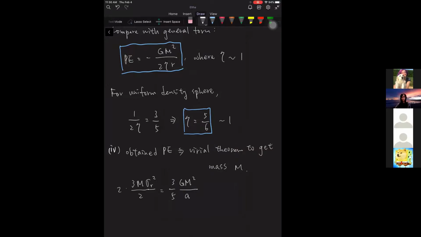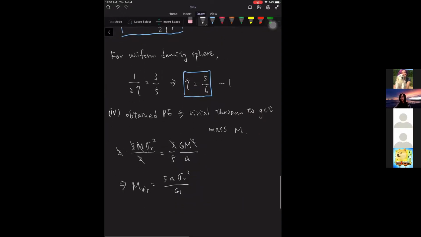Yeah. So that would simply give us, can cancel out the m here. The virial mass is simply 5 a sigma r squared over g. Okay. So this should be a very familiar form.